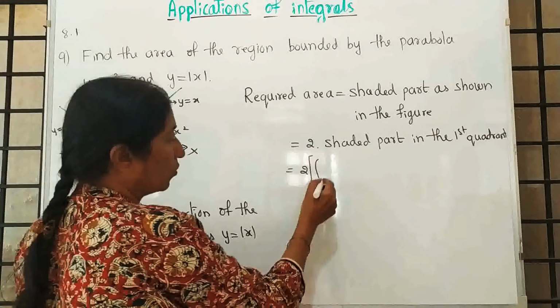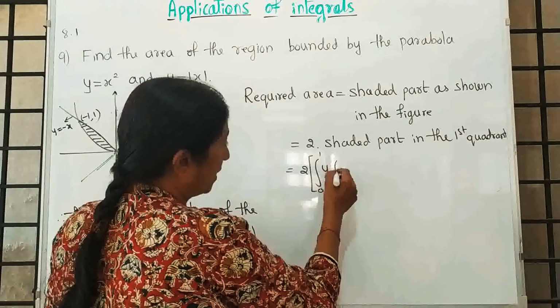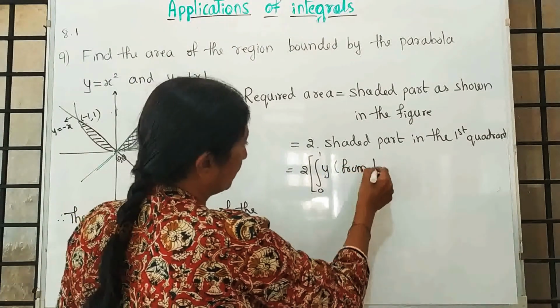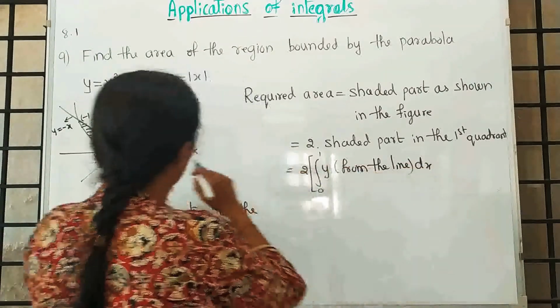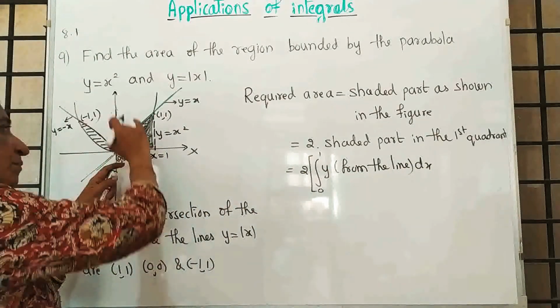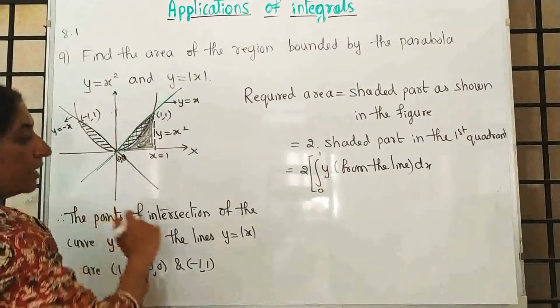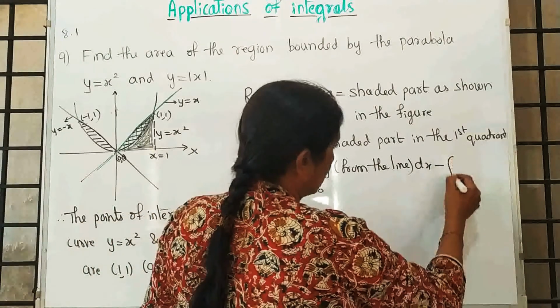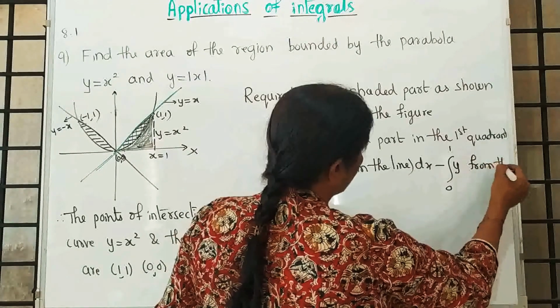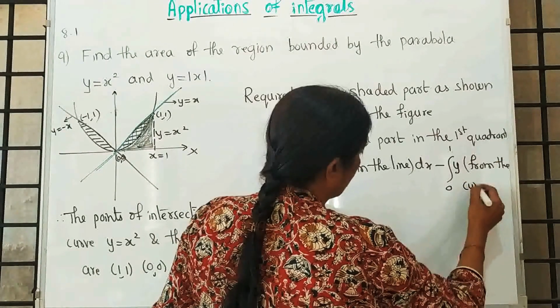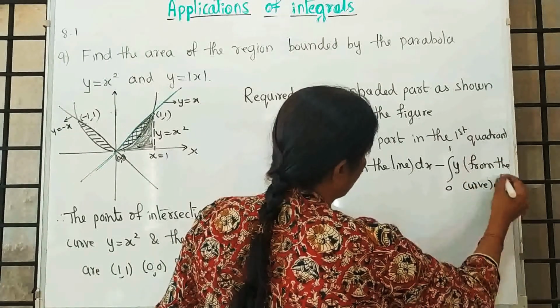It is integration 0 to 1 y from the line into dx, because the line gives you the bigger area, minus integration from 0 to 1 y from the curve, it is nearer to x axis.